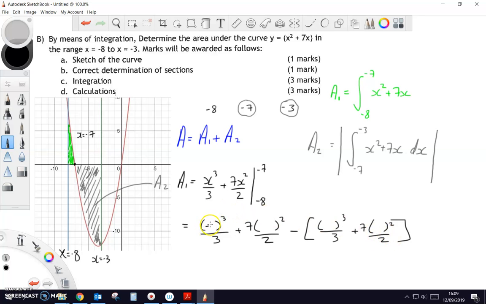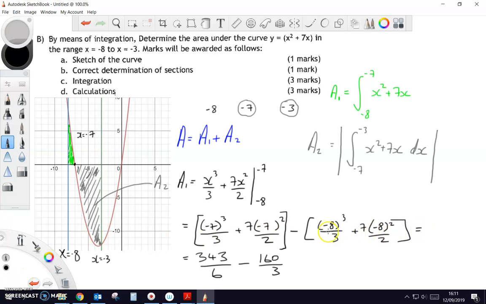So in here we put in the minus 7, and over here we could put some brackets on that perhaps, and here we'll put in our minus 8, and we're going to run all that through the calculator, alright, and see what we get.